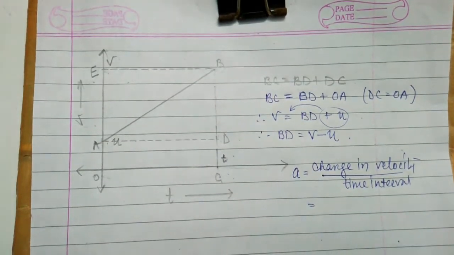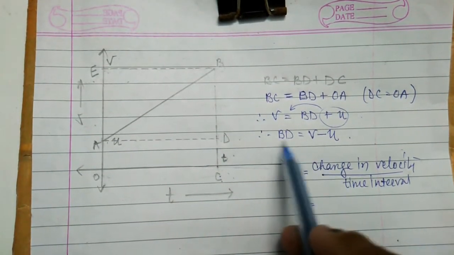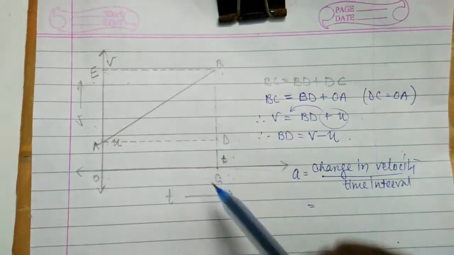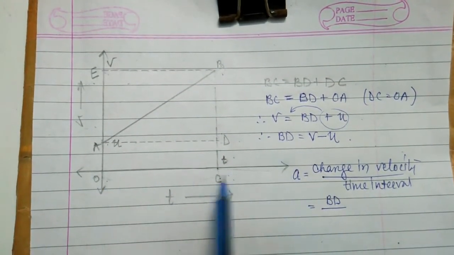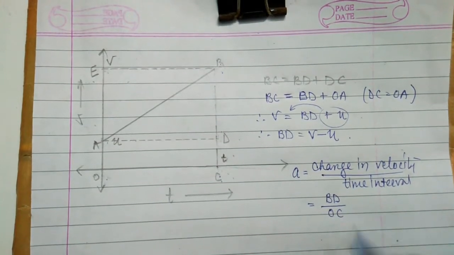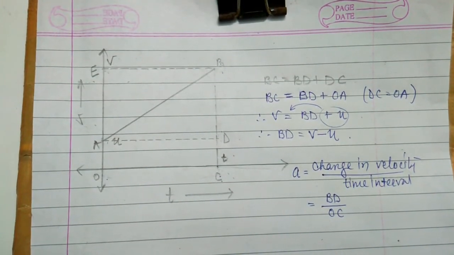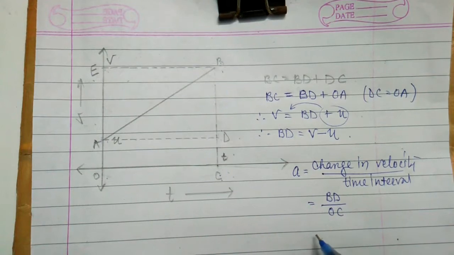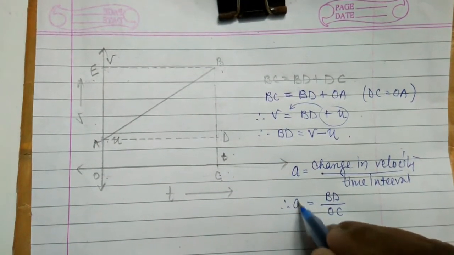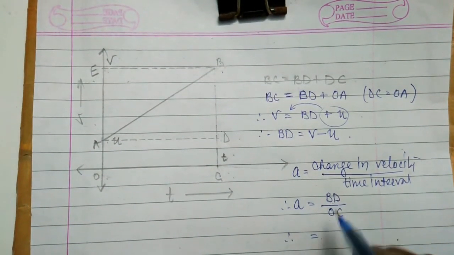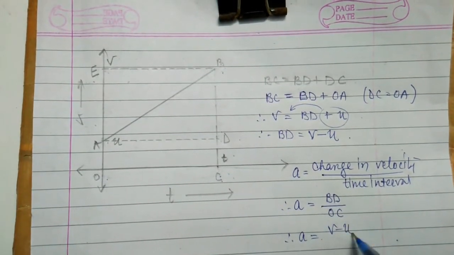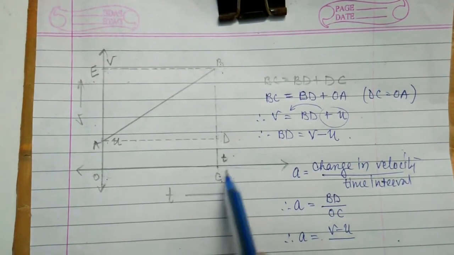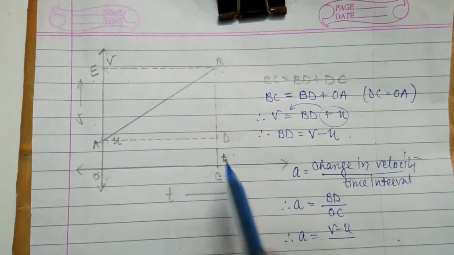So change in velocity means BD. BD is the change in velocity and time is OC. OC is equal to... BD means V minus U and OC means T.